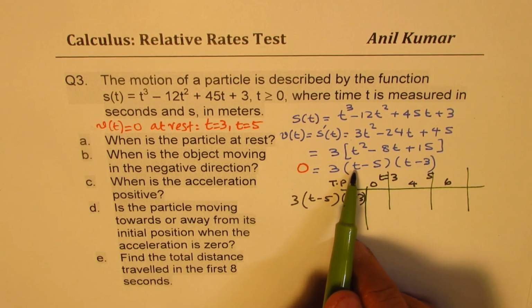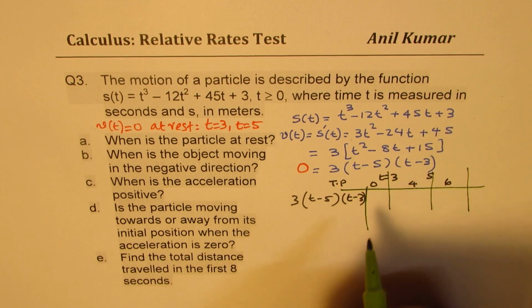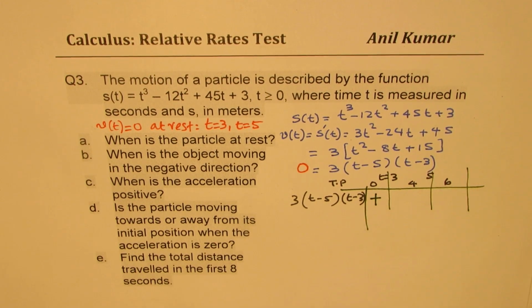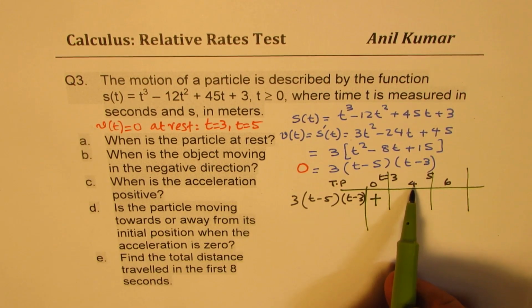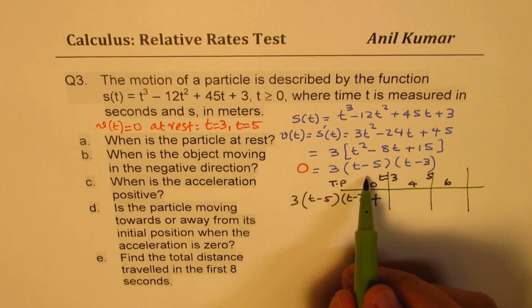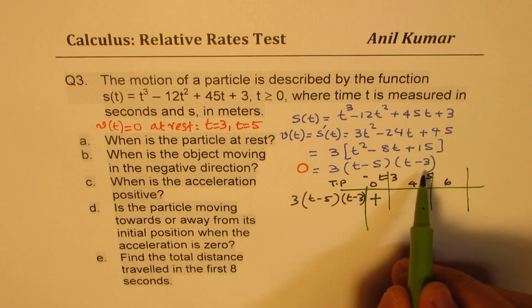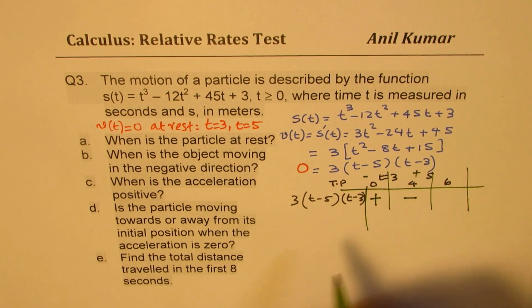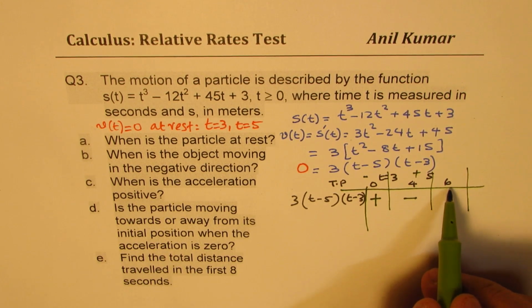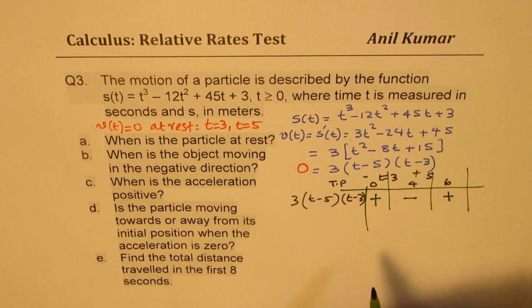Let's say velocity, right? If I substitute 0 here for t, I get negative times negative as positive, correct? If I substitute 4, in that case, this will be negative and this will be positive, and negative and positive will give me negative. And if I substitute 5, 6, in that case, both are going to be positive.